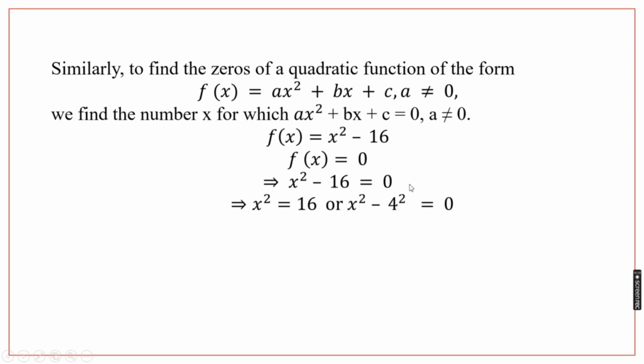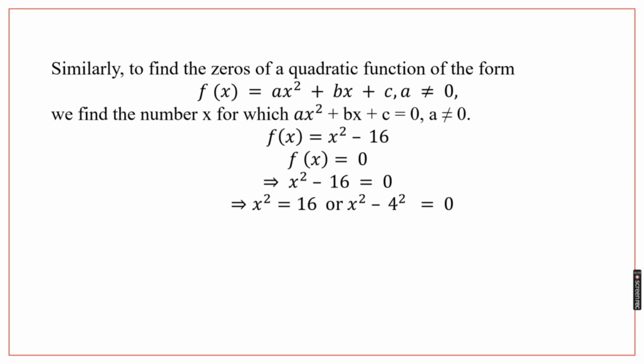We have two options to do this example. The first one is x squared equals 16, which we did in the previous example. Then we move this to the right side, so it will be positive.